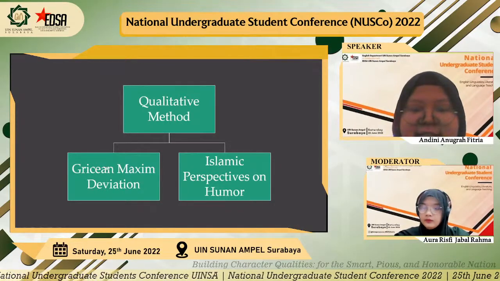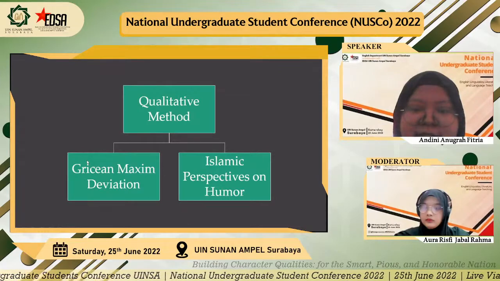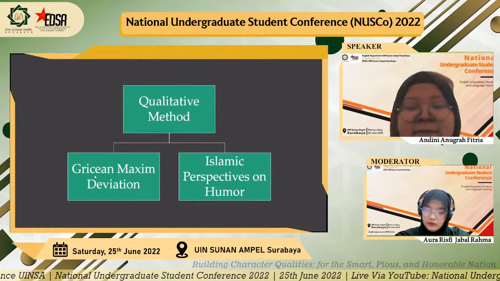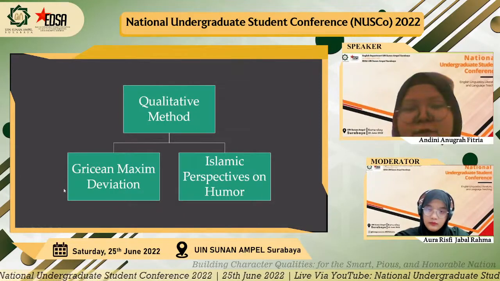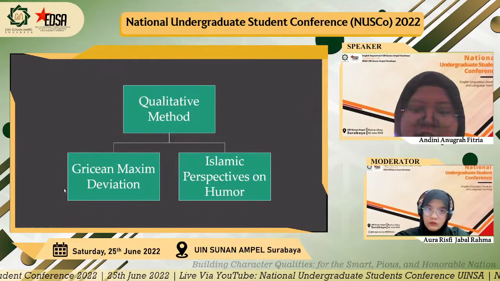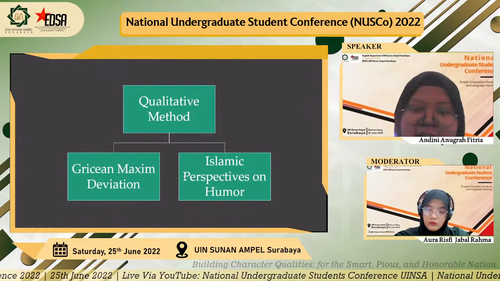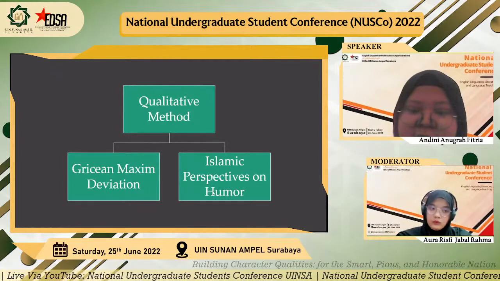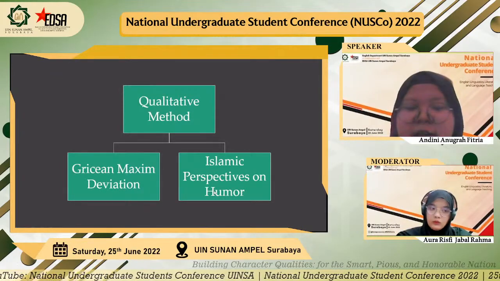The first analysis used the Gricean maxim deviations, which include the floutings and violations of the maxim of quality, the maxim of quantity, the maxim of relevance or relation, and the maxim of manner.